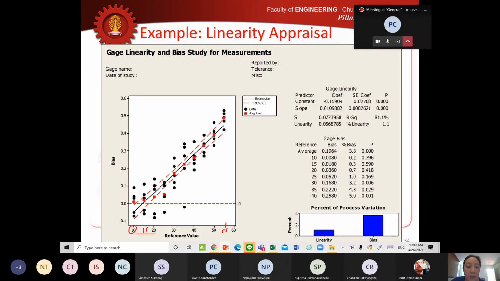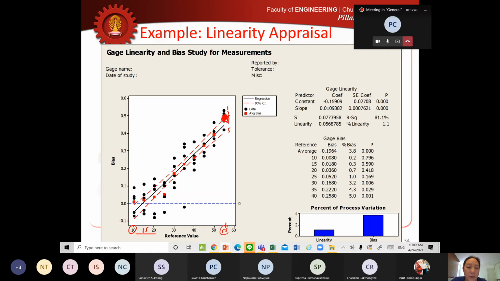For example, the part with a reference value of 55, you measure it first time, second time, third, fourth, 5 times. And then you take an average, which is the red point here. The red point here is the average. And then you will do that for all reference values, right?